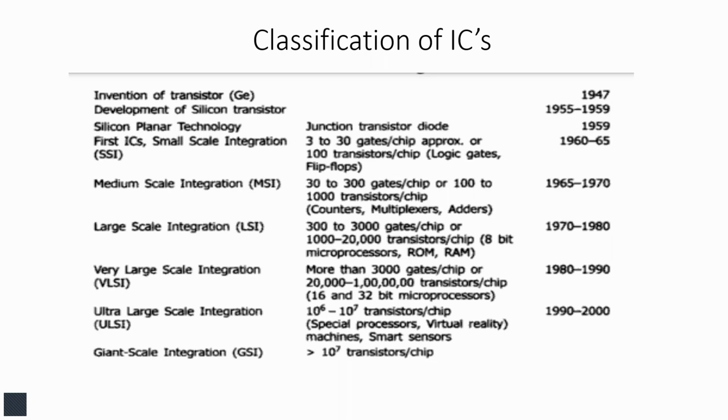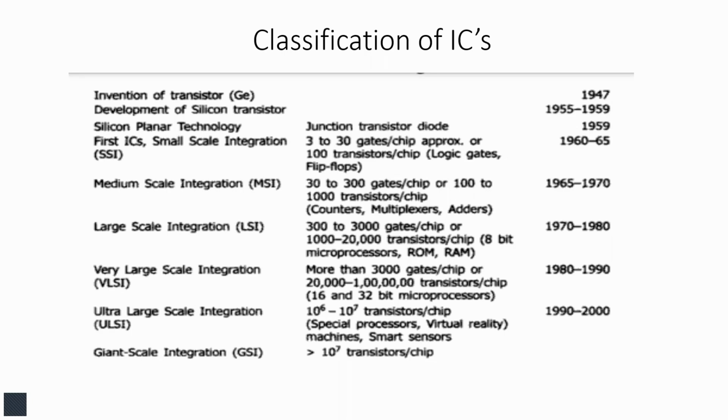One more category is large scale integration. Around 1000 to 20,000 transistors are fabricated on a single chip, and examples are the 8-bit microprocessor, random access memory, and read-only memories. Coming to one more categorization, called very large scale integration, VLSI, the number of transistors fabricated on the chip ranges from 20,000 to around 10 lakhs.